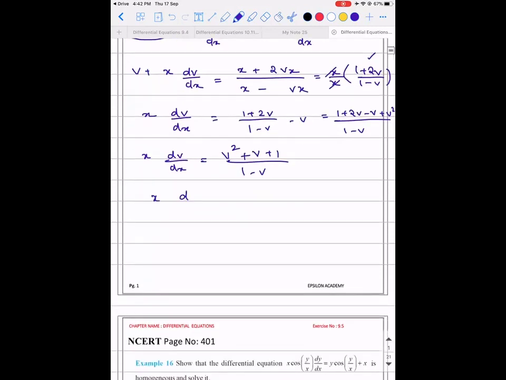Now I can write it like this. Will you be able to separate x and v terms? We can write 1 minus v divided by v square plus v plus 1 is equal to dx divided by x. Right? Now you are able to apply variable separable.